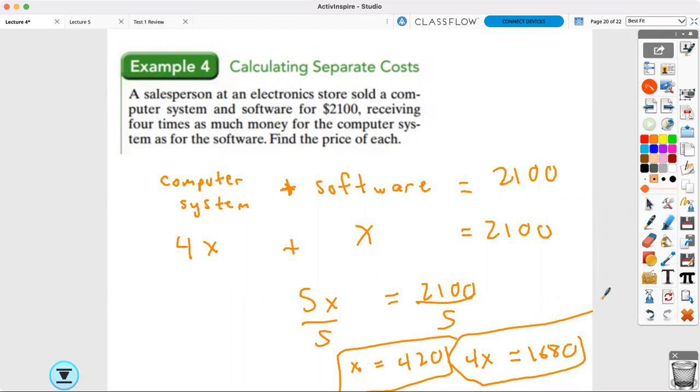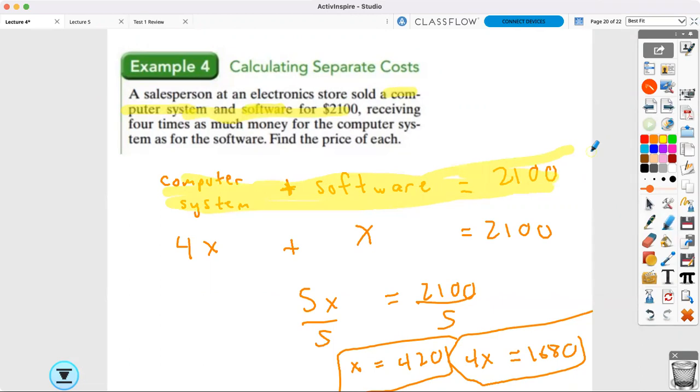Not necessarily. Let me break it down. A salesperson at an electronics store sold a computer system and software for 2,100. That explains this right here. So do you agree with that first equation? Computer system plus software equals 2,100.